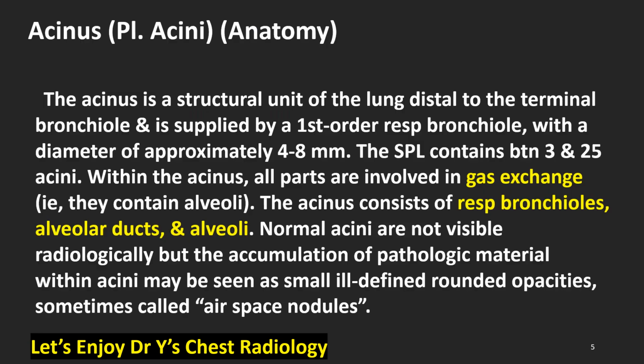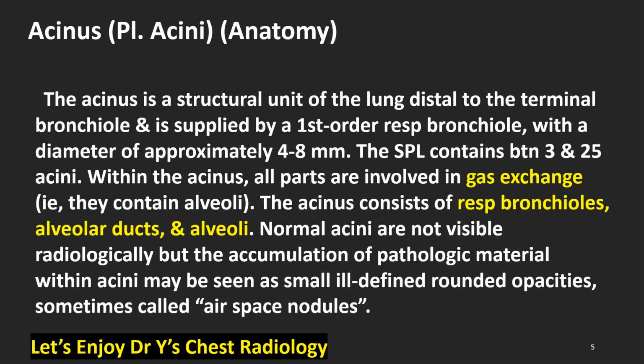Acinus, plural acini, anatomy. The acinus is a structural unit of the lung distal to the terminal bronchiole and is supplied by a first-order respiratory bronchiole with a diameter of approximately 4 to 8 mm. The secondary pulmonary lobule contains between 3 and 25 acini. Within the acinus, all parts are involved in gas exchange, i.e., they contain alveoli.